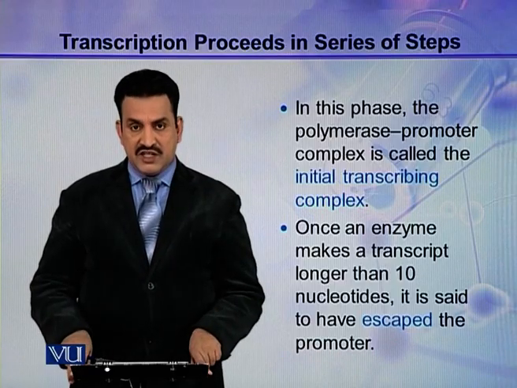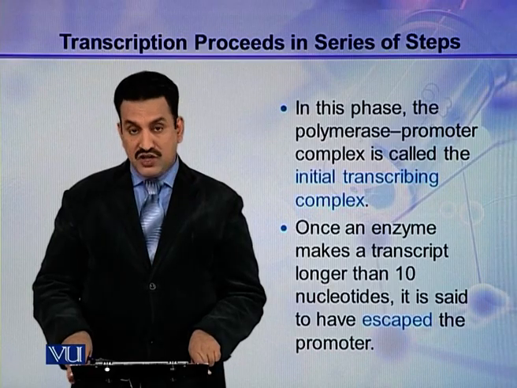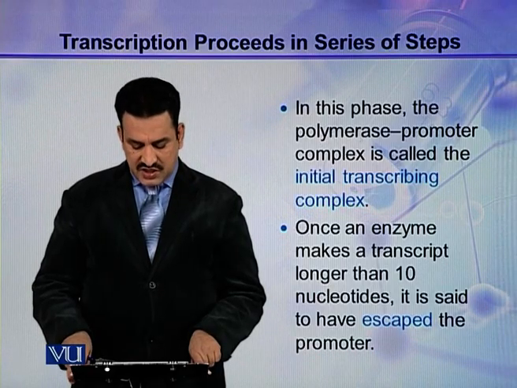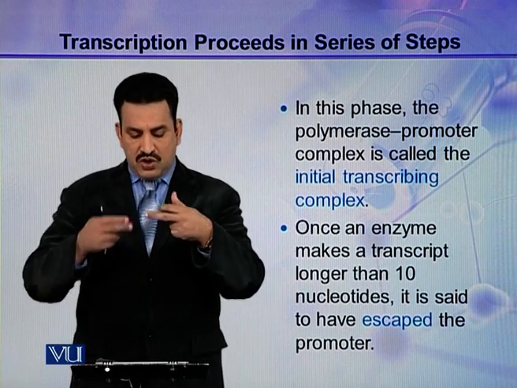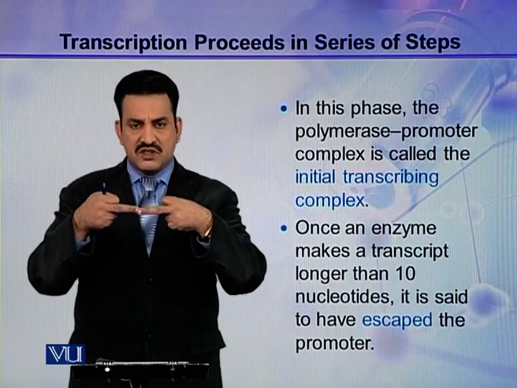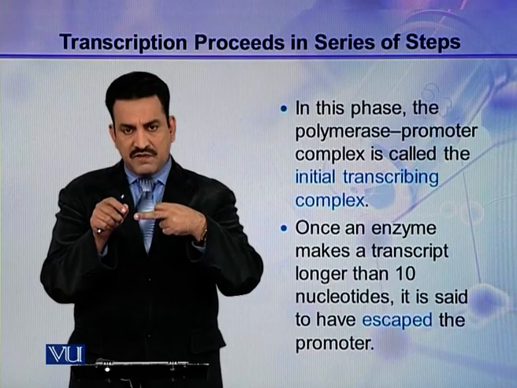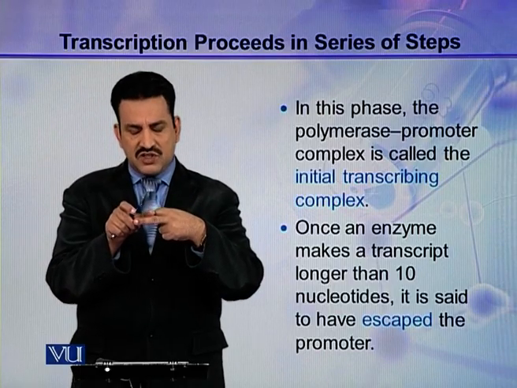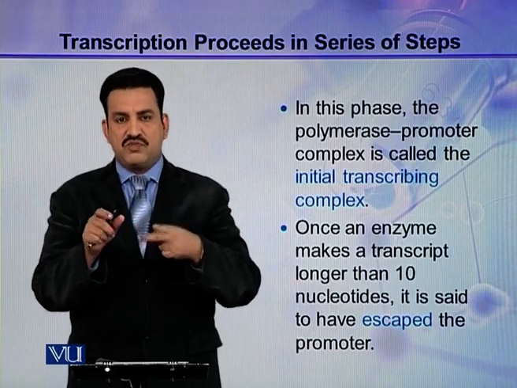Once an enzyme makes a transcript longer than 10 nucleotides, it is said to have escaped the promoter. So on this template strand, about the first 10 bases are considered as promoter region, and if these 10 bases are synthesized, then it has actually escaped the promoter.